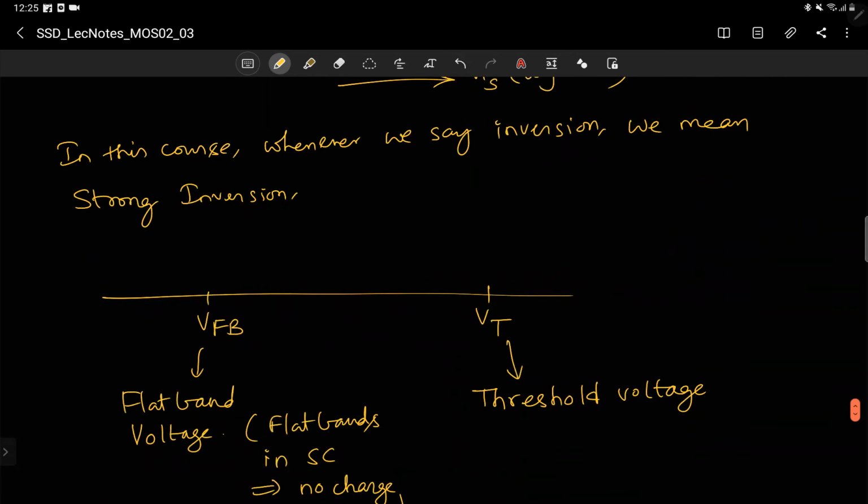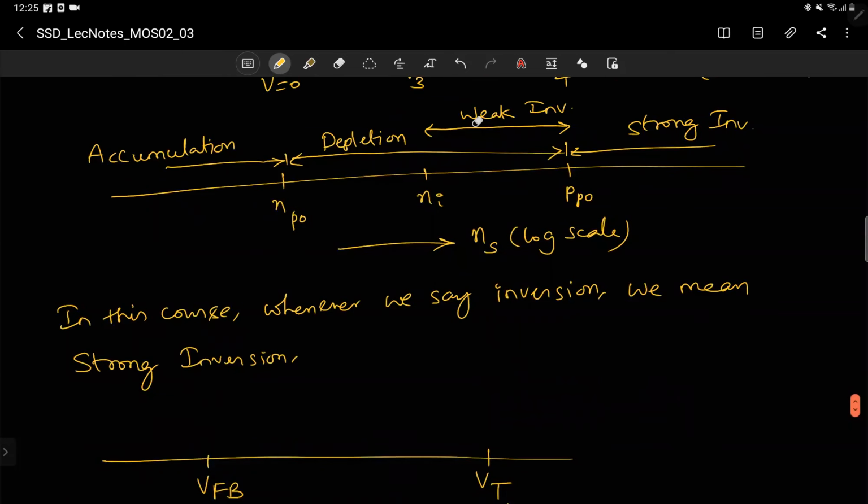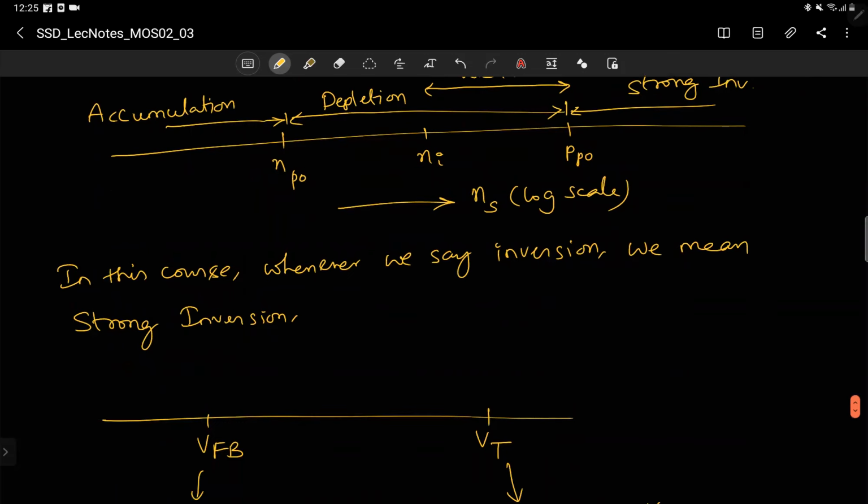In this course, whenever we say inversion, we mean strong inversion, because weak inversion is somewhat complicated and is not part of a first level course. So we treat only strong inversion. Weak inversion we will not treat.